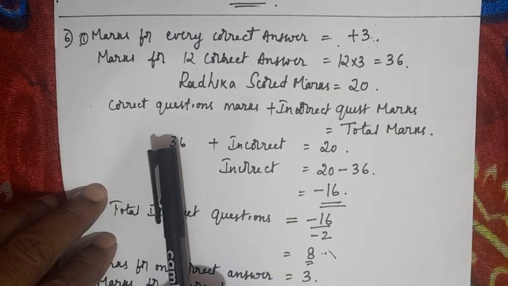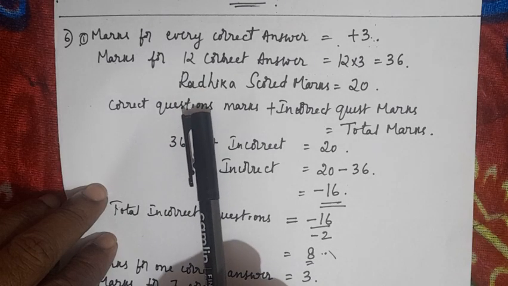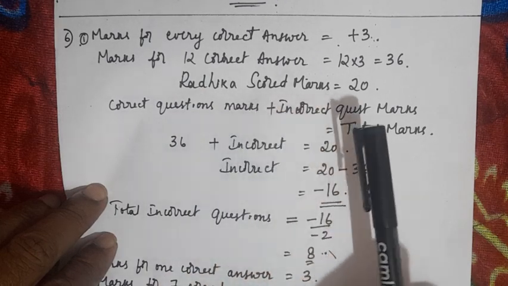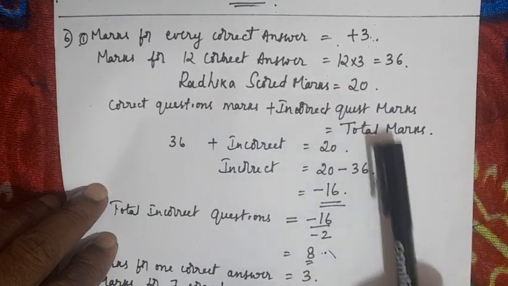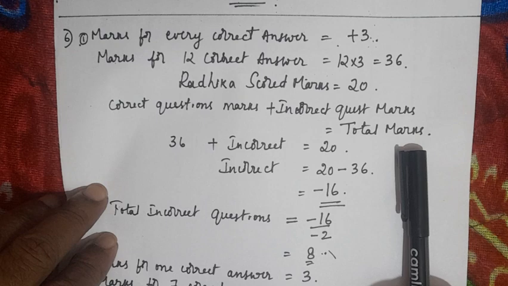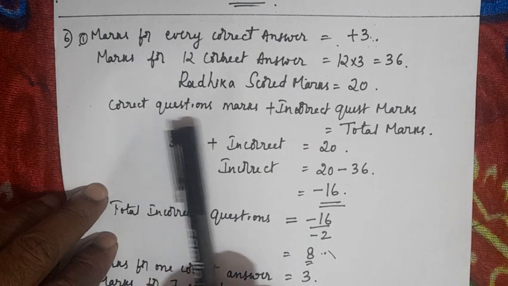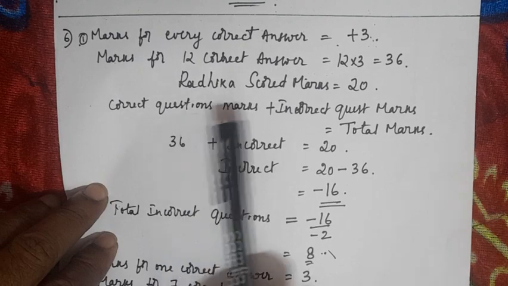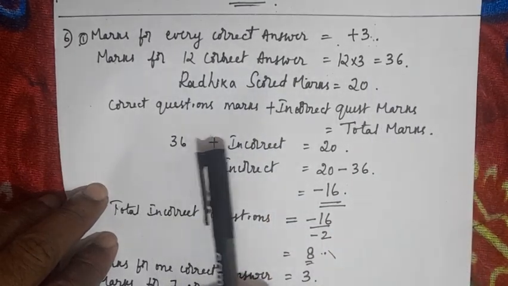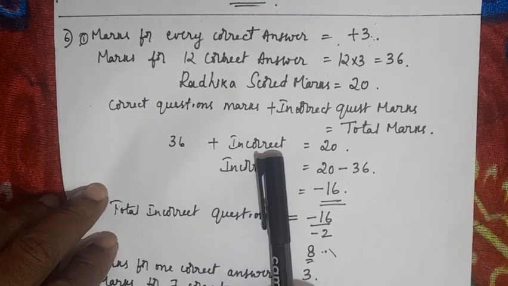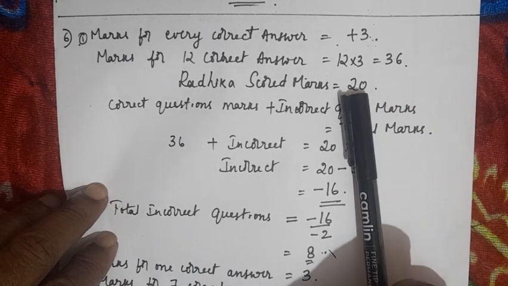Now she has correct question marks of 36, so 36 plus incorrect question marks is equal to total marks. How much did she get? 20 marks.